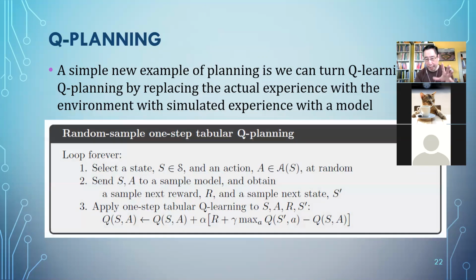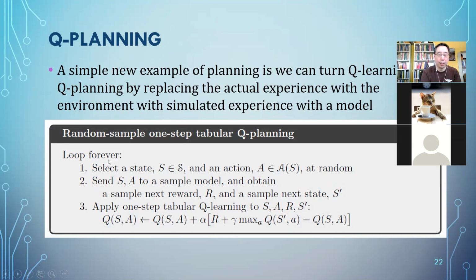Really, the value of the previous state action pair typically. So all we have to do is take that process, but instead of saying we had a state, we took a real action and got a real reward and next state from the environment, we can do a simulated action, and what our model tells us it predicts will be the reward and the next state.